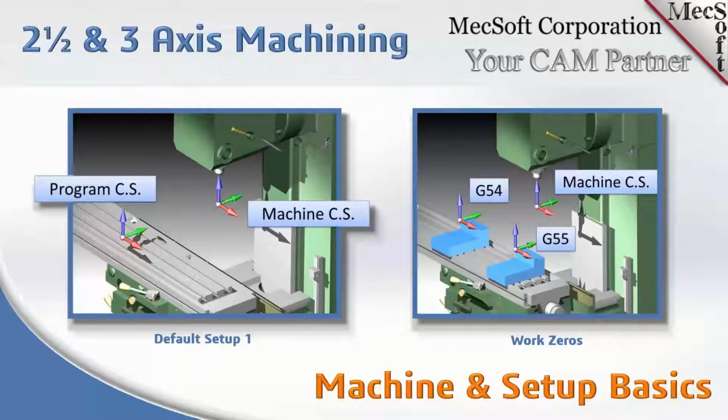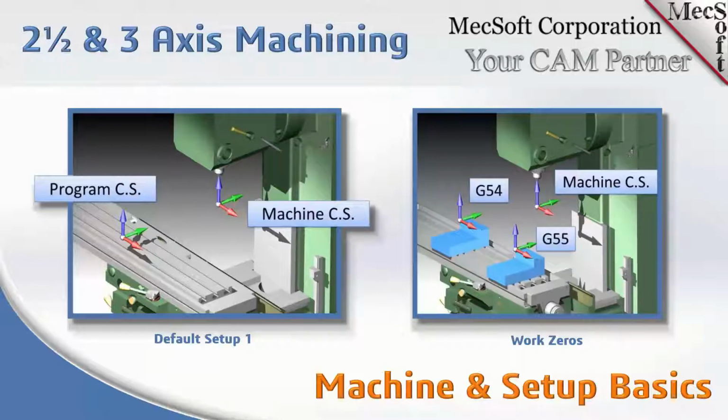So on the right, in addition to defining a setup that matches the coordinate system of your machine, you can also add what we call a work zero. By default, when you open up a new drawing or model to machine, like I said, Setup 1 is aligned with the world origin. Also, that becomes the zero origin location to calculate your tool paths.